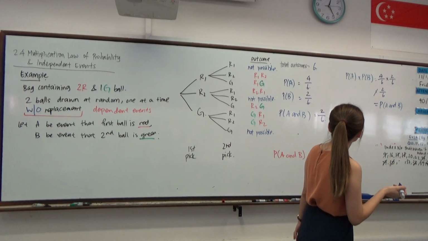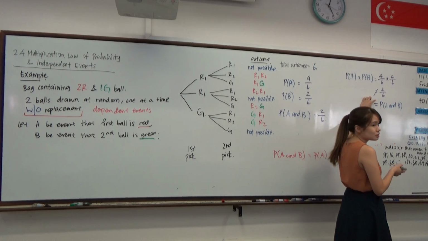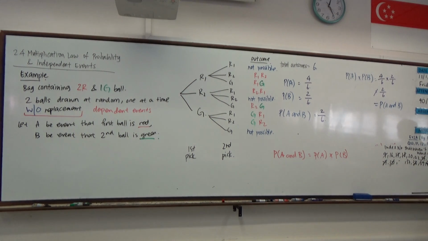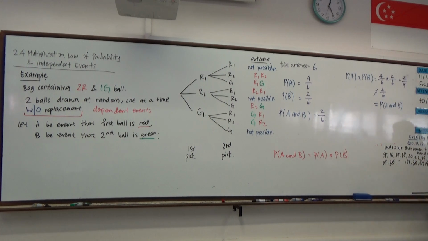Sorry, I'm saying it's not equal to 2 out of 6. 4 over 6 times 2 over 6 is what? 2 out of 9. But it is not equal to 2 over 6 now.